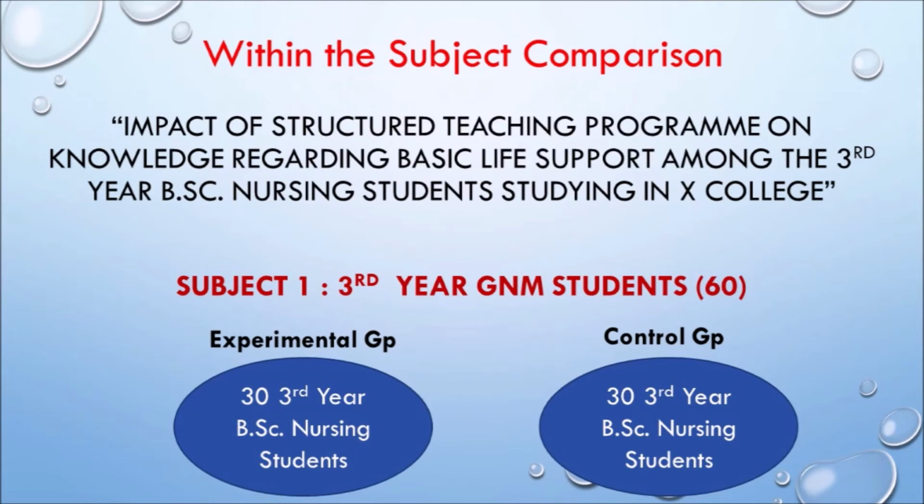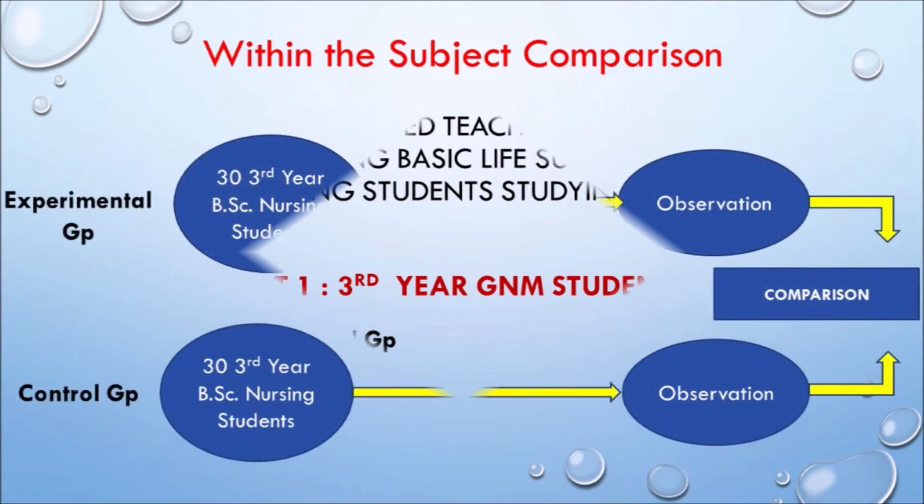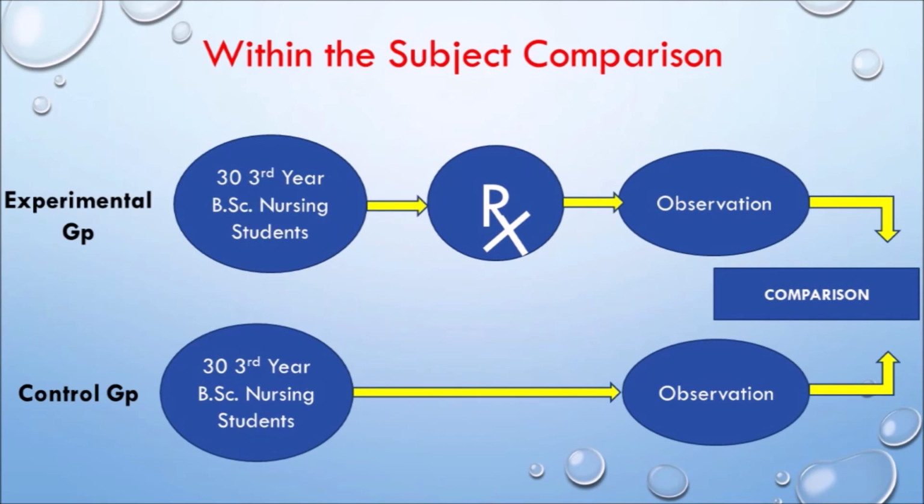If the investigator wants to control the extraneous variables, meaning the variables which affect the results of the study other than the independent variable, then he divides the same group into two groups, that is one is the experimental group in which he does the experiment, and the other one is the control group in which he does not do any experiment, and compares the results between these two groups. Such kind of studies are said to be within group comparison study.